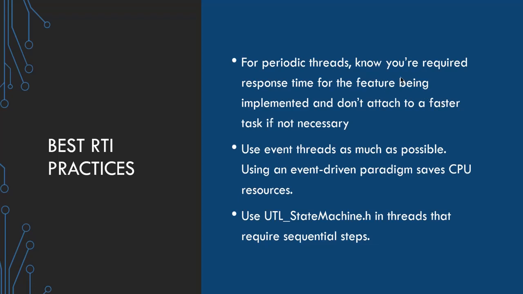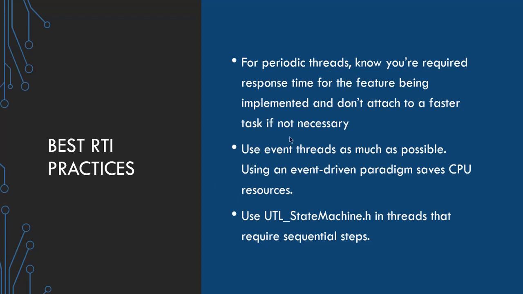Really, in your product requirement spec, there should be a response time defined for each feature, or for each input that needs a response, and there's really no reason to run any faster than the response time that's defined. So the rule of thumb is to run periodic threads as slow as you can get by with, just to keep CPU overhead down.